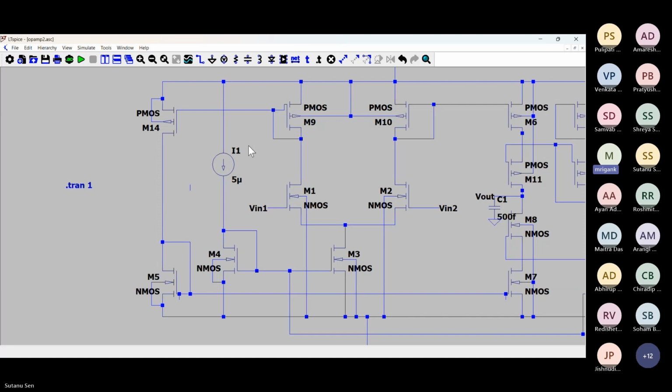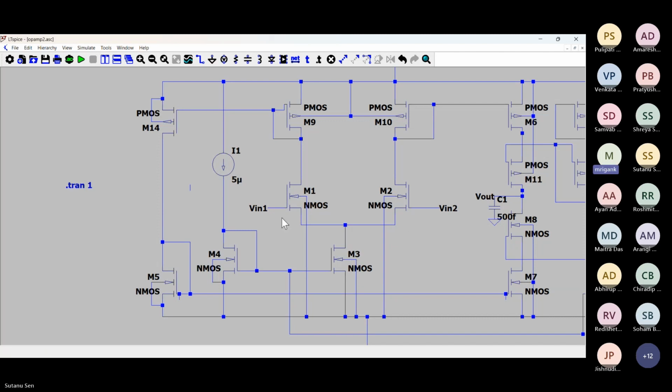So when you're applying same voltages V1, V2 at input, DC voltage is same, M9 and M10 will carry the same current, and VGS of M9 and M10 will be same. And as a result, the VGS of M6 and M14 also same.